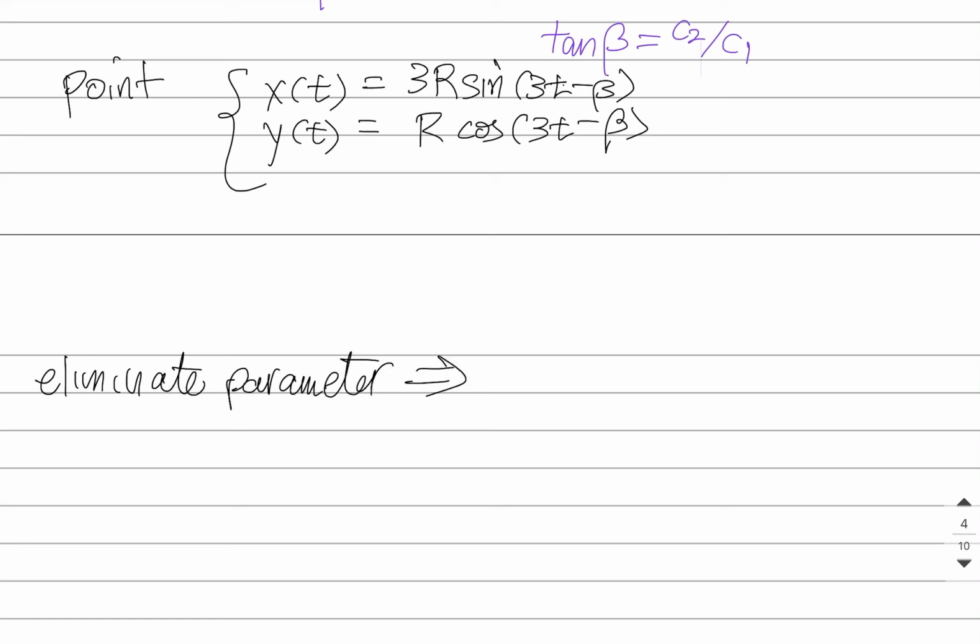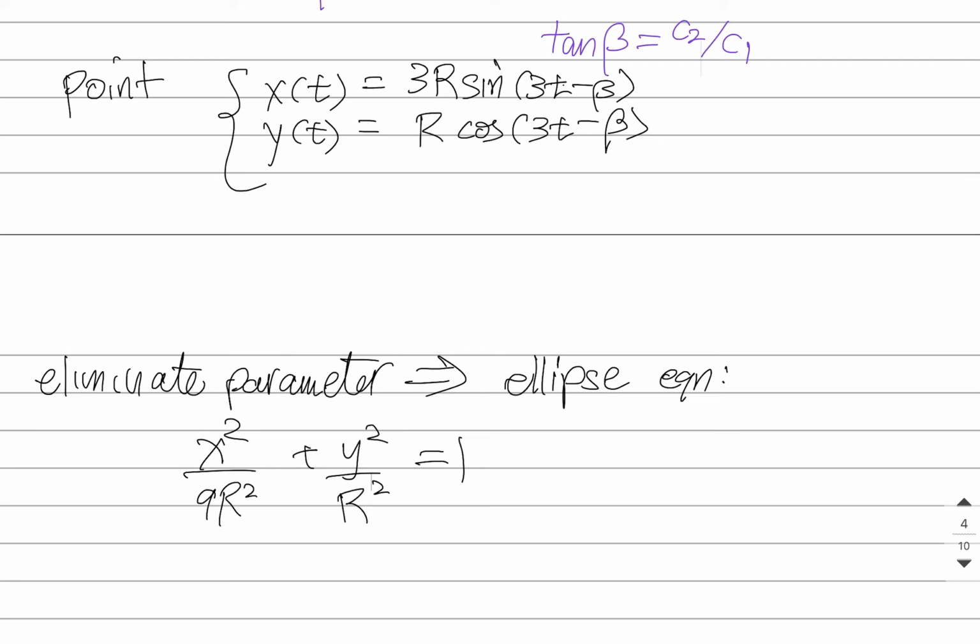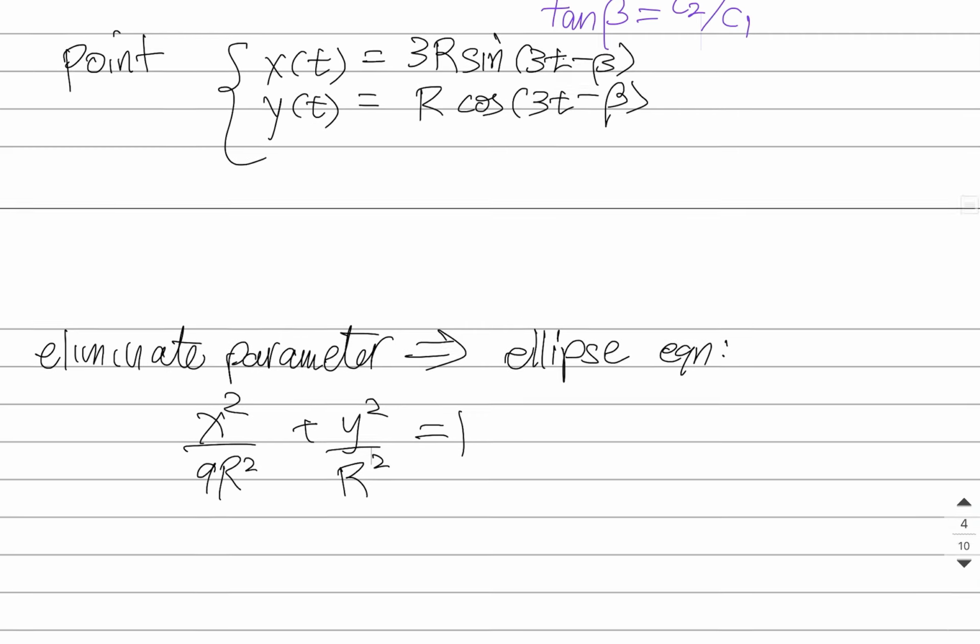The equation of an ellipse is the way for us to eliminate this parameter. In particular, if I were to take x squared and divide it by 9r squared, and y squared over r squared, this would end up giving me a 1. Again, this is the equation of an ellipse.